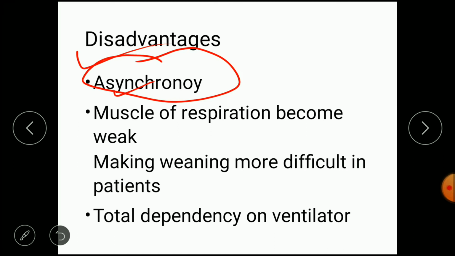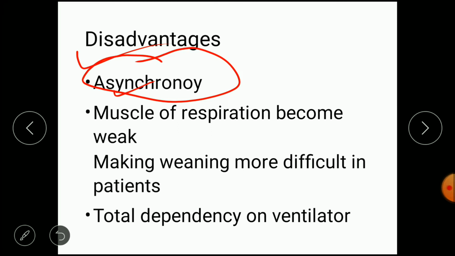If the patient starts spontaneous breathing, the machine cannot synchronize with the patient's tidal volume. The machine generates its own tidal volume and cannot compare or synchronize with the patient's tidal volume. So sometimes in this type of mode hyperventilation also occurs.